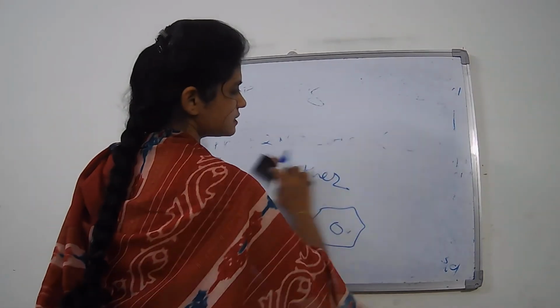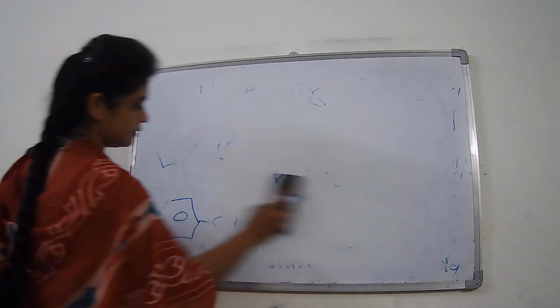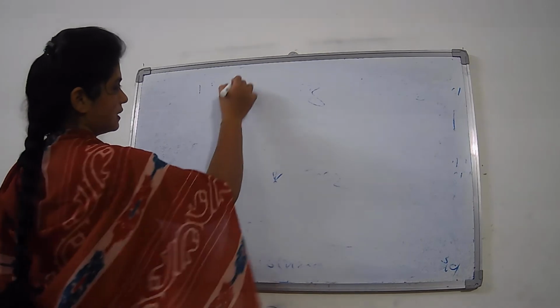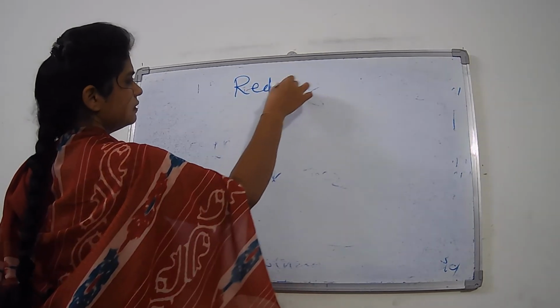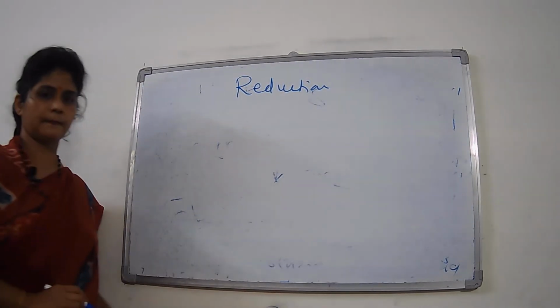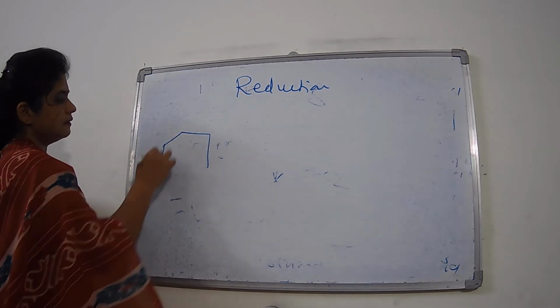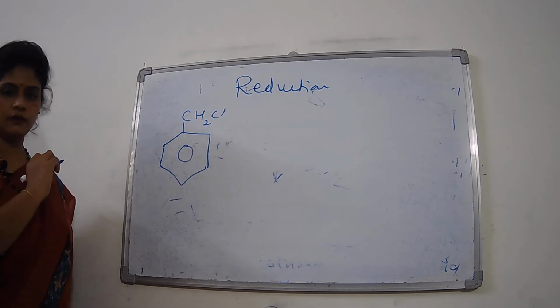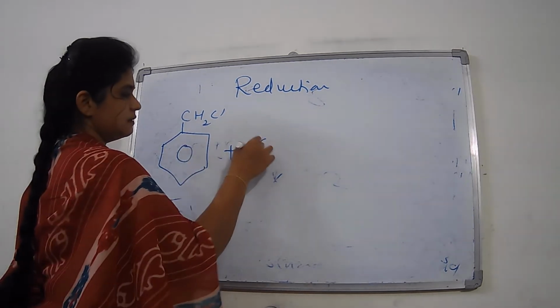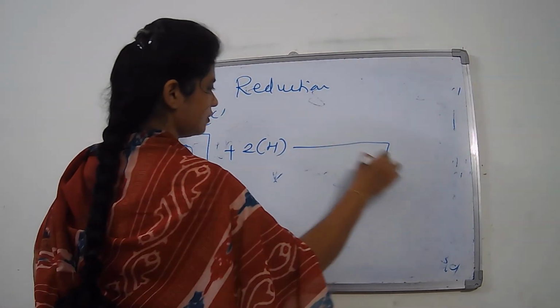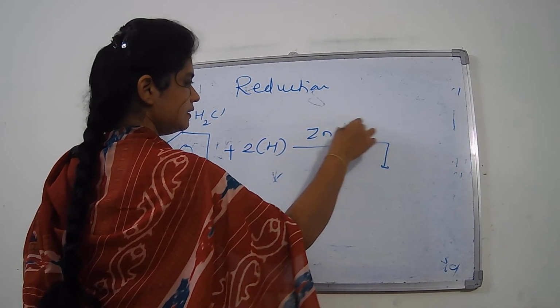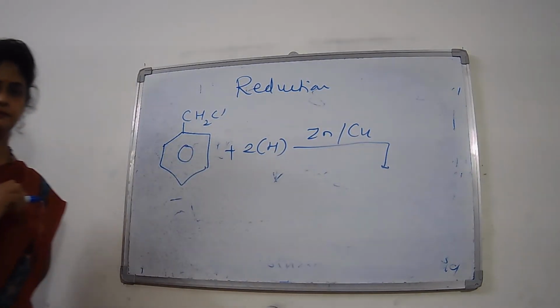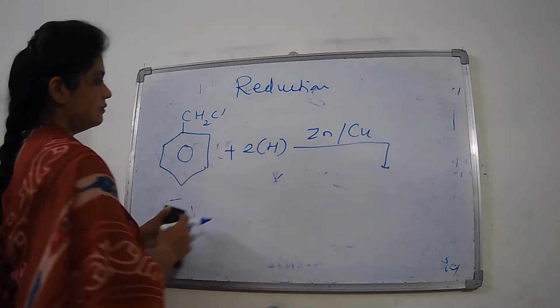The next reaction carried out by benzyl chloride is a reduction reaction. Obviously, reduction means addition of hydrogen. So we have benzyl chloride, our target molecule, which undergoes reduction in the presence of a catalyst, either zinc or copper.